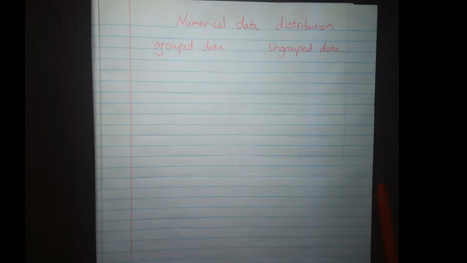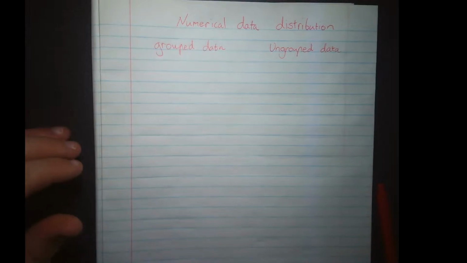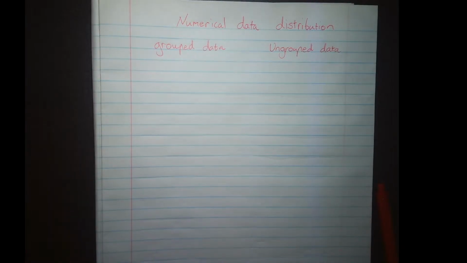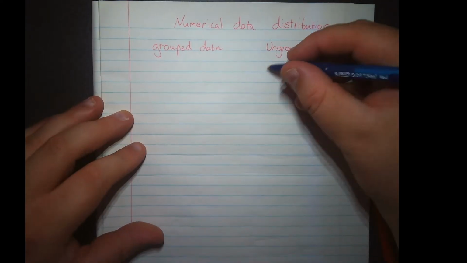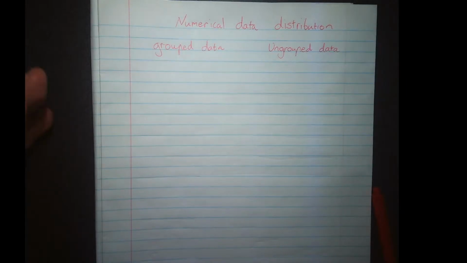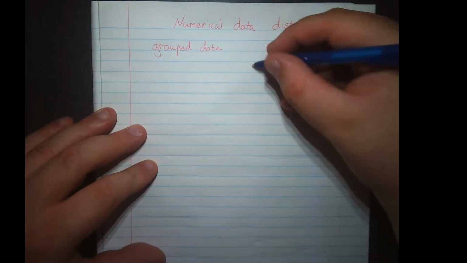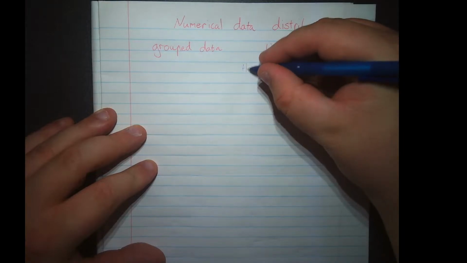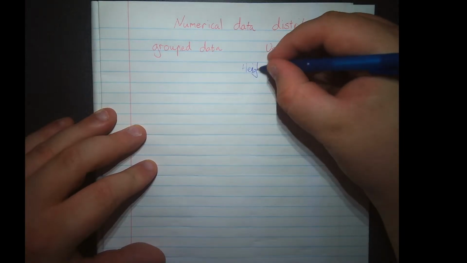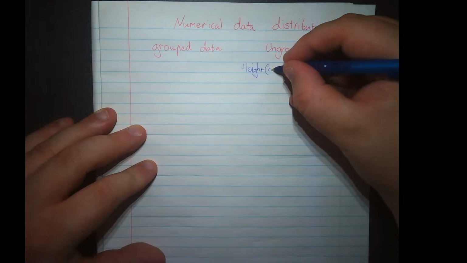And that's kind of better because it gives us a clearer picture of what we're looking at, whereas grouped data is sort of like we get little clumps lumped together, but we don't get told the exact values. So for ungrouped data, you might have, say, the height of a couple of students. So let's say we're looking at height, in centimeters.